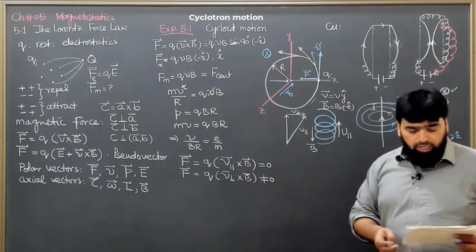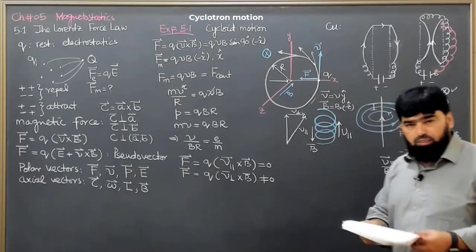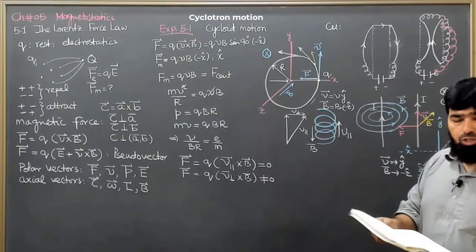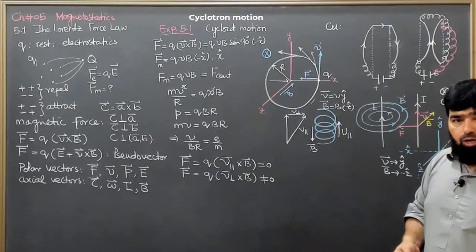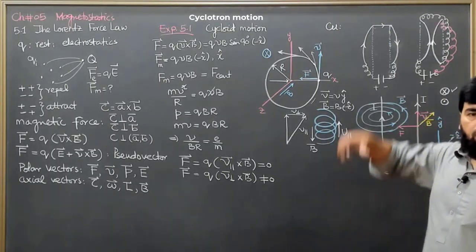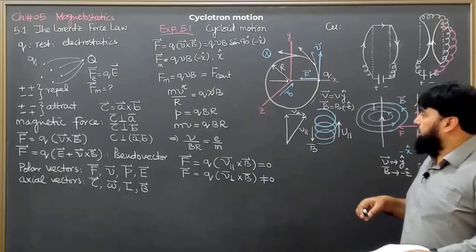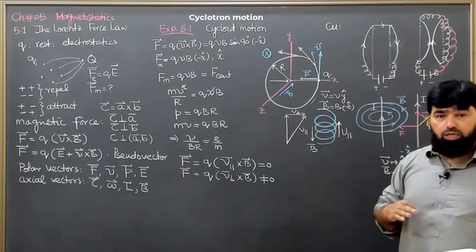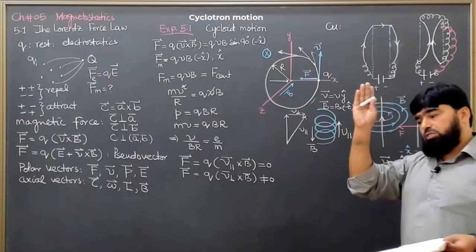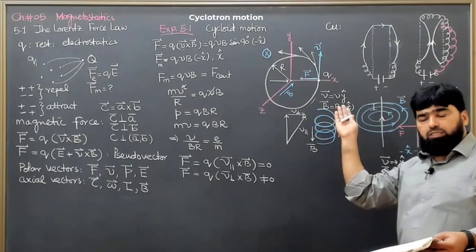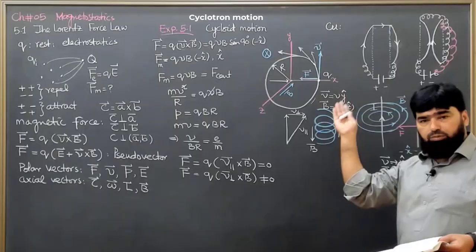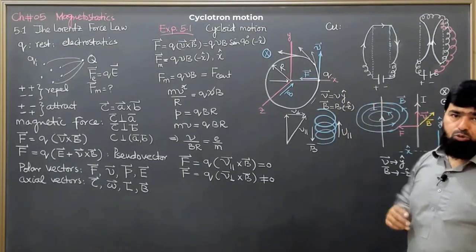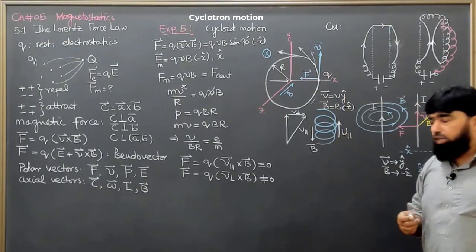And this will cause the particle to move in a helical or spring type shape, and it will move upward or downward depending on the tilt that we are producing in the V. Means it tilts along the B direction or opposite to B direction, and that will decide.